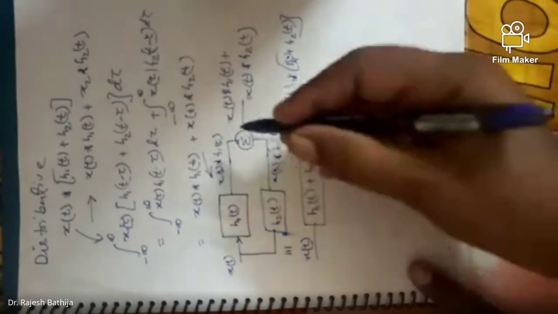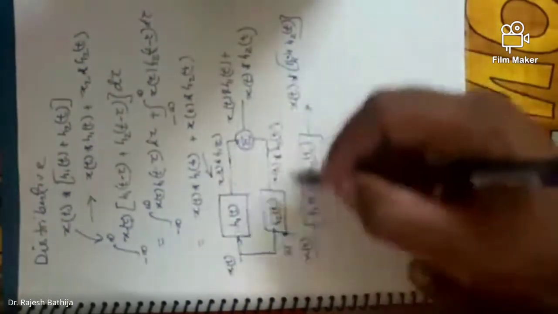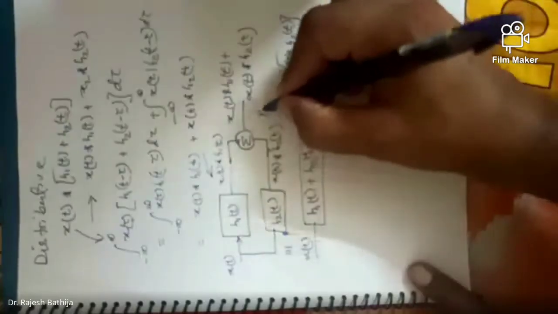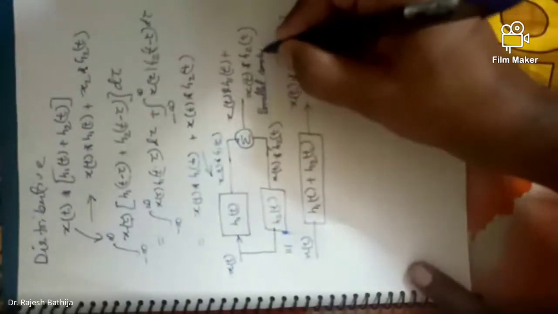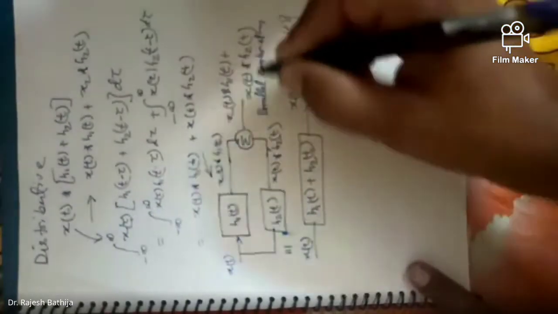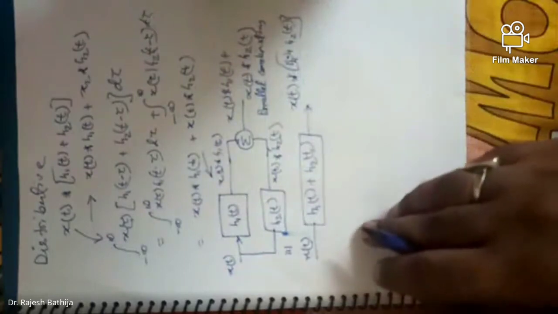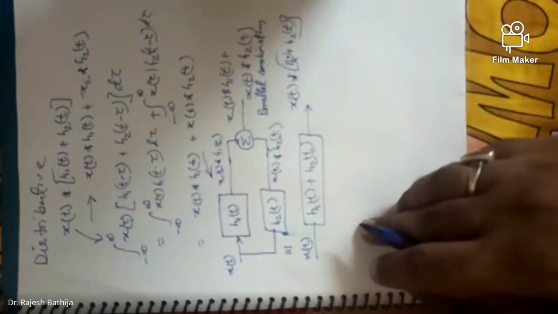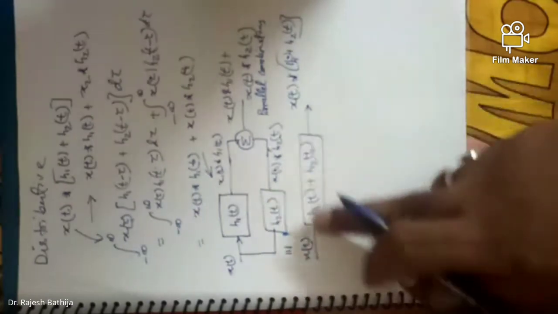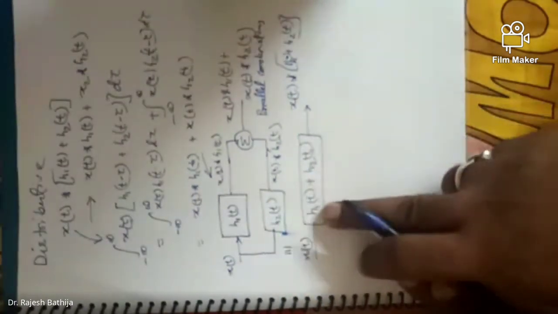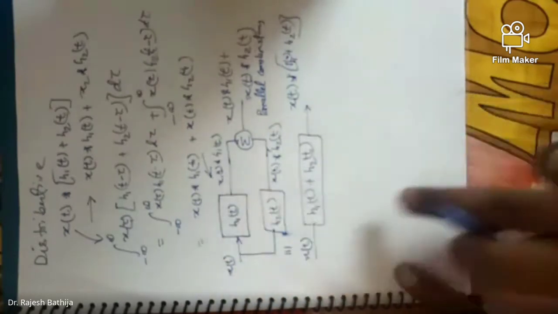What is this system combination called? It's called a parallel combination. So from now onwards, if more than one system is connected in parallel, you have to replace them with one system whose impulse response is the sum of the individual impulse responses.